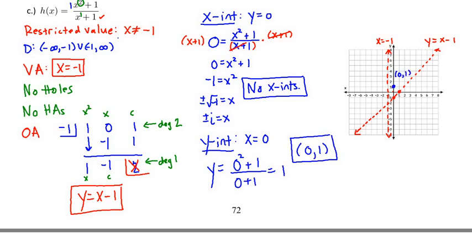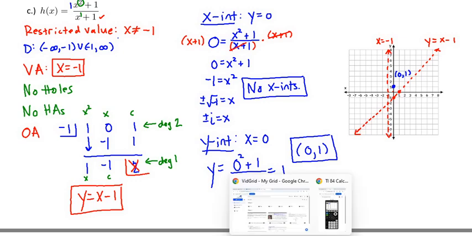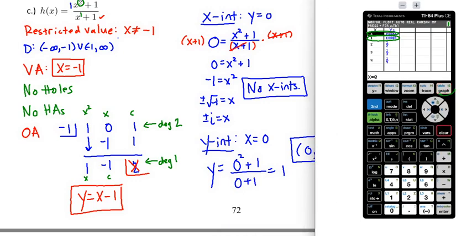Now, although I have a pretty good guess about what the graph looks like, let's observe the general behavior of the graph by examining it on our calculator. So we'll type in the original function, x squared plus 1 divided by x plus 1.